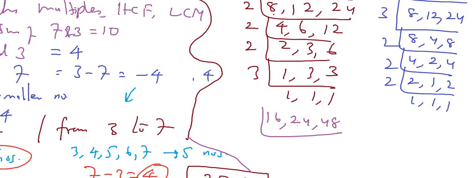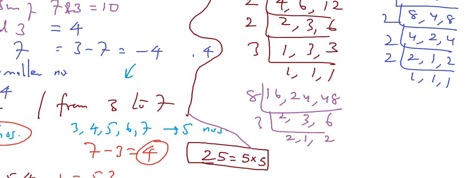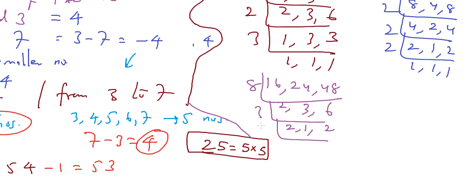All the three numbers, so you can divide by 8 directly. So 2, 3, 6. Now we can divide by 3... so 2, 1, 2. Now divide by 2: 1, 1, 1. So you can follow this pattern.